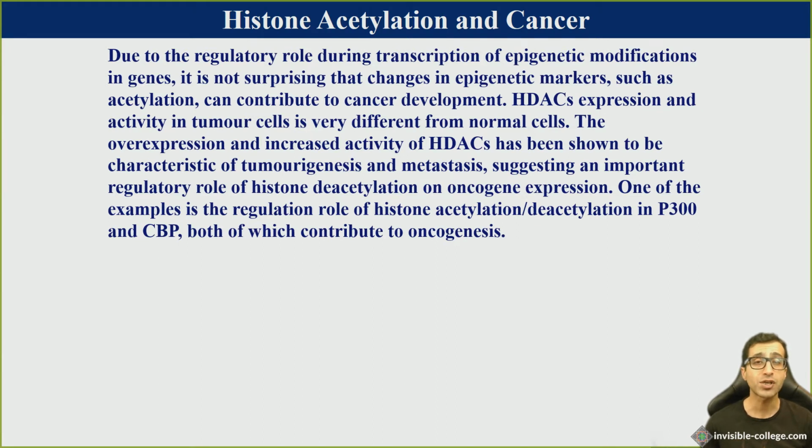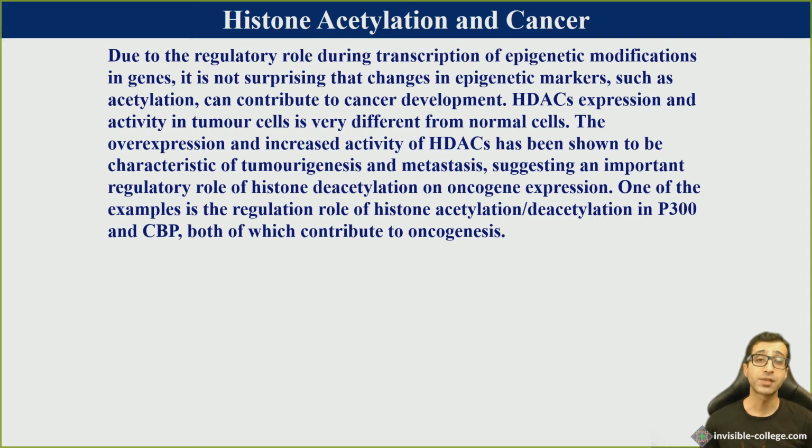The overexpression and the increased activity of HDACs has been shown to be a characteristic of tumorigenesis and metastasis, in other words, the spreading of malignant tumours. This suggests an important regulatory role of histone deacetylation on oncogene expression. Oncogenes are the genes which are implicated in the development of various types of cancer.